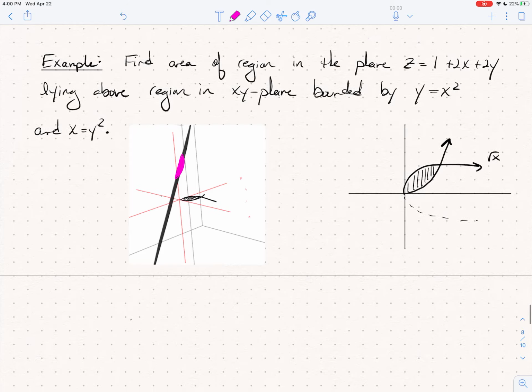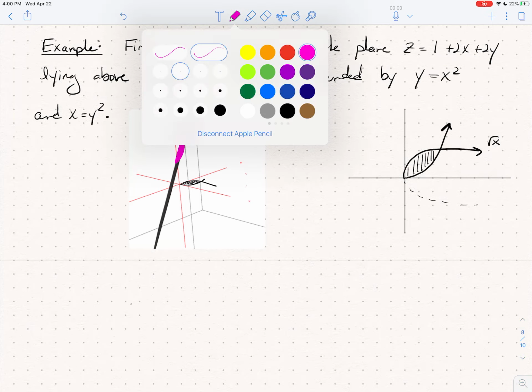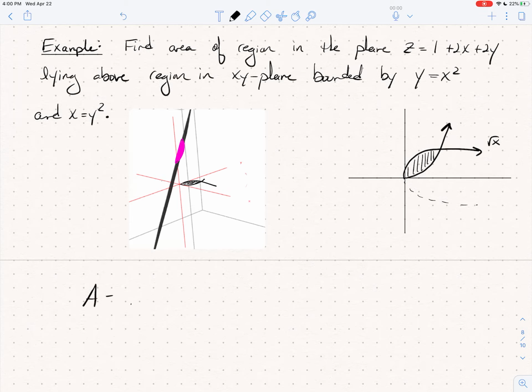So we can do that relatively easily because the surface that I want to find the surface area of, I've got uniquely solved for z. So A is going to be the double integral over the region D in the xy plane of the square root of, you compute f partial x and you get 2, so 2 squared is 4.